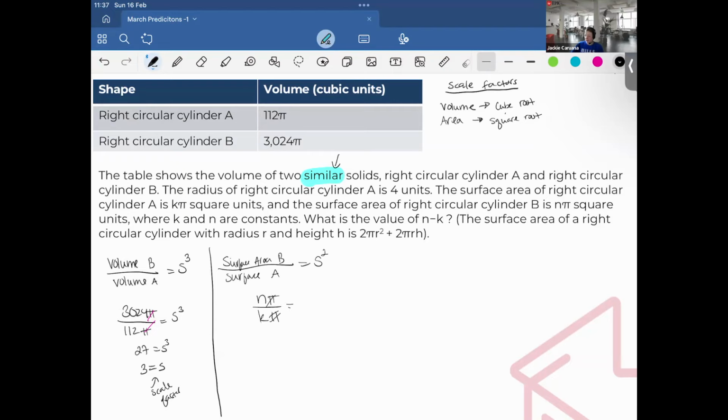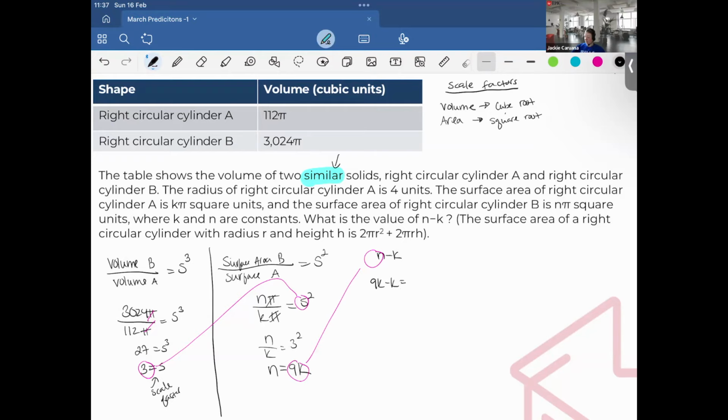The pi's will cancel. And I know what s is. Substitute. So n over k is equal to 3 squared. So n is equal to 9k, sorry. And then I want to find n minus k. So n minus k. Now I know what n is. Substitute.